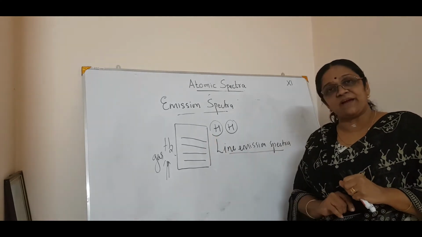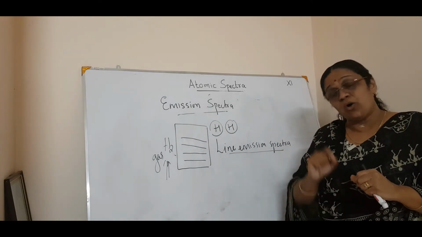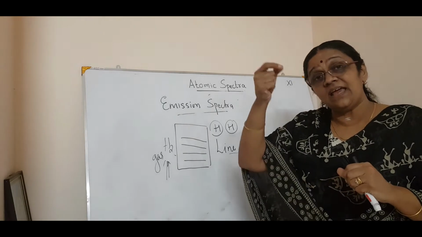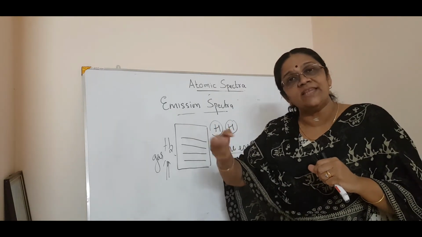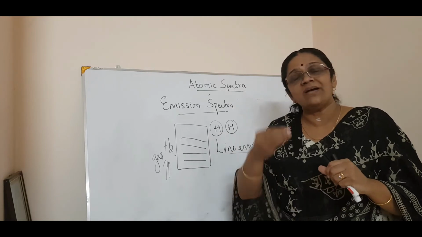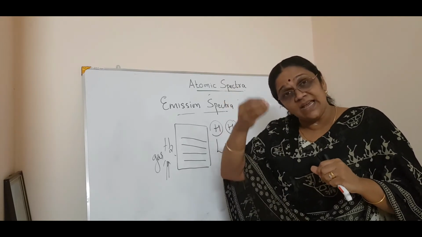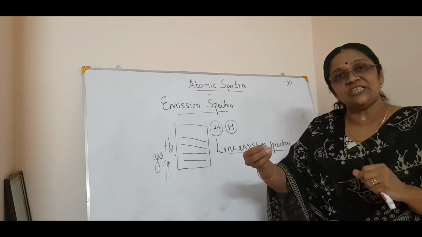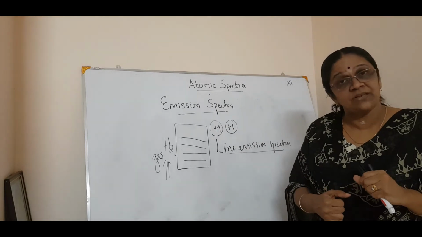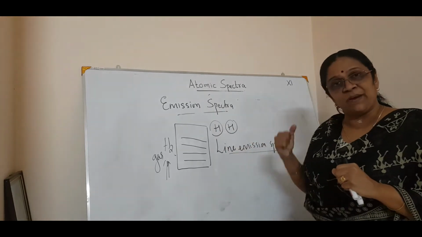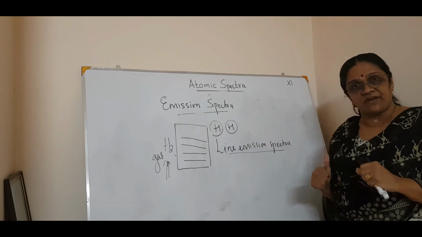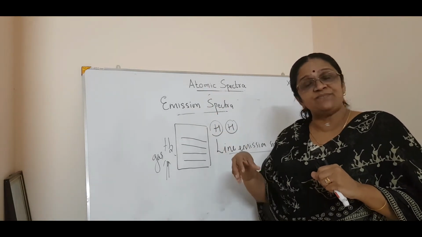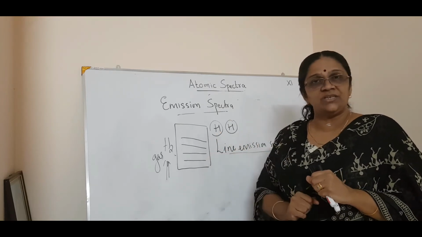On observing the emission spectra of hydrogen atom, it was found that a series of lines are found in this hydrogen spectra. Not one line or two lines. There are a series of lines found on experimental observation of this hydrogen emission spectra or line emission spectra. Now we will talk more about these different types of lines which we observe in the hydrogen spectra.